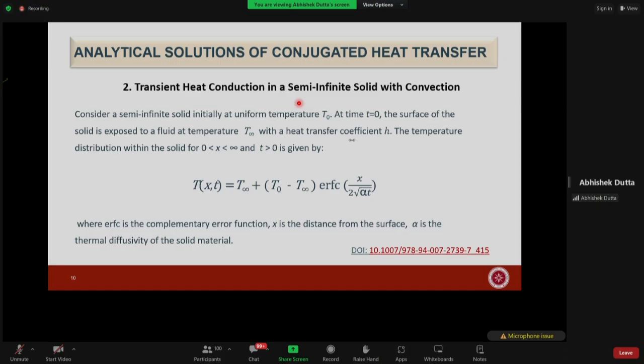If a sudden change is imposed on the surface, you will have transient one-dimensional conduction within the solid. Good, I see that you're all very active.